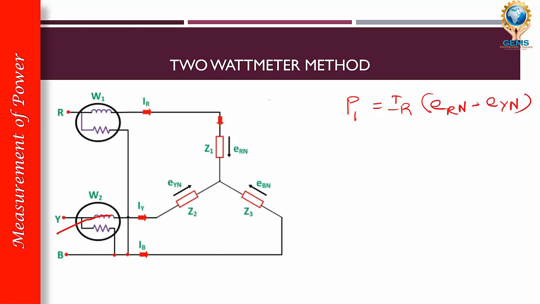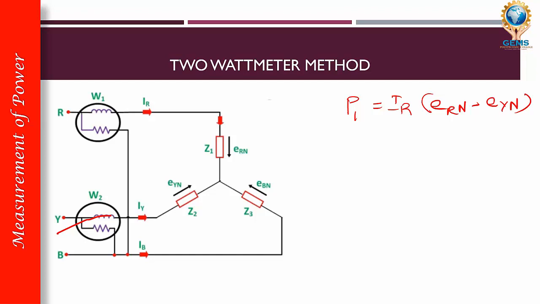Normally, since any supply voltage is a 3-phase voltage, we have the RYB 3-phase connection, represented as RYB, and the neutral point as N. So power is nothing but IR into ERN minus EYN. Why ERN minus EYN? Because the current directions are opposite.